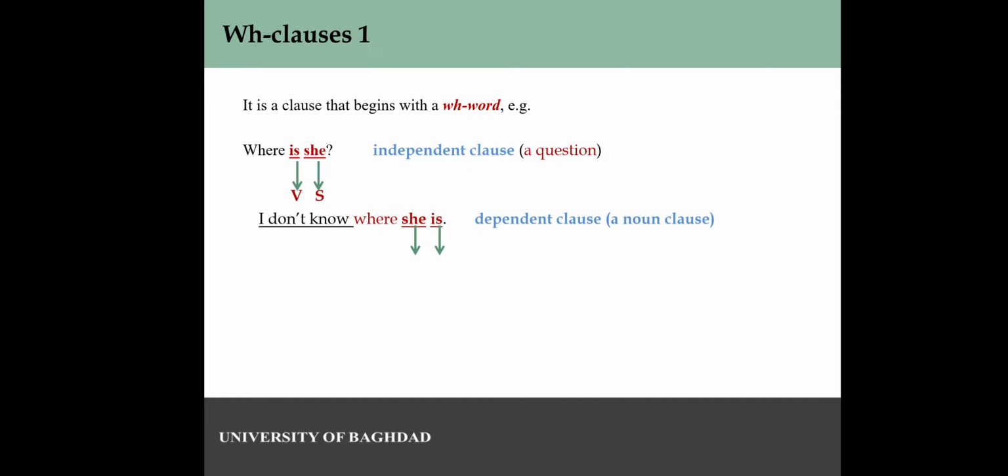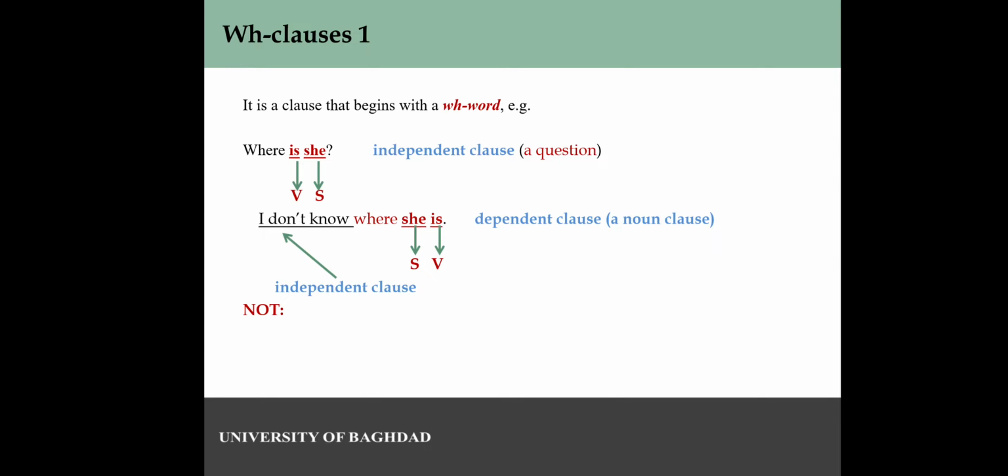It's a noun clause. Why? Because the subject precedes the verb, and the clause I don't know is an independent clause. It's a main clause. So where she is cannot be used alone. It should be connected to a main clause, to an independent clause, as this sentence shows. So where she is is a WH clause. It's a noun clause that begins with a WH word.